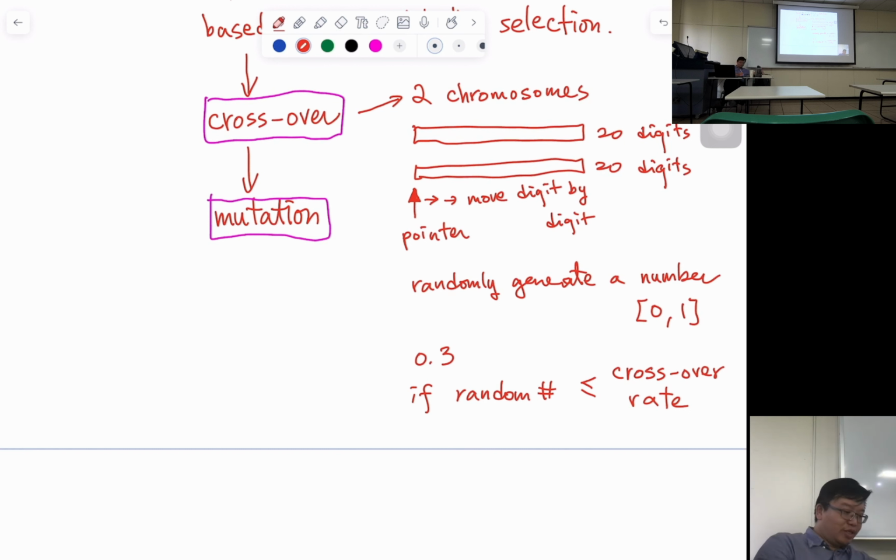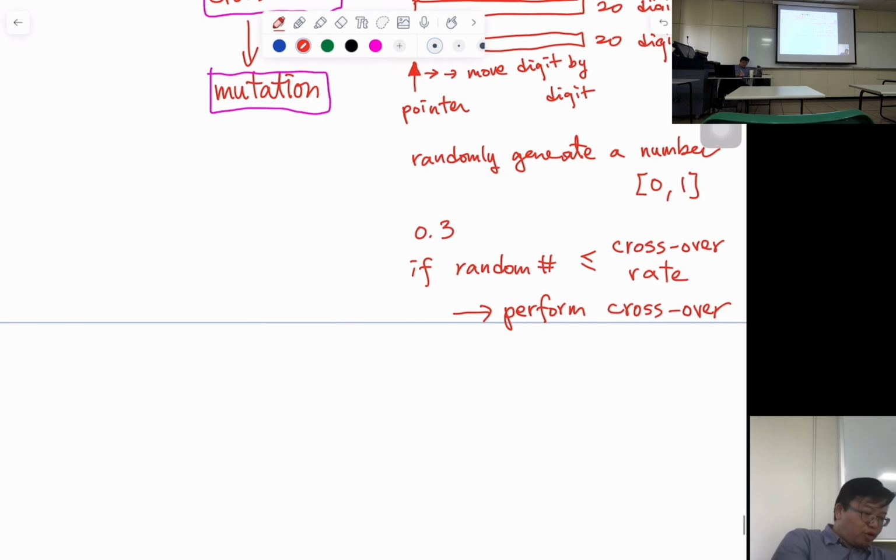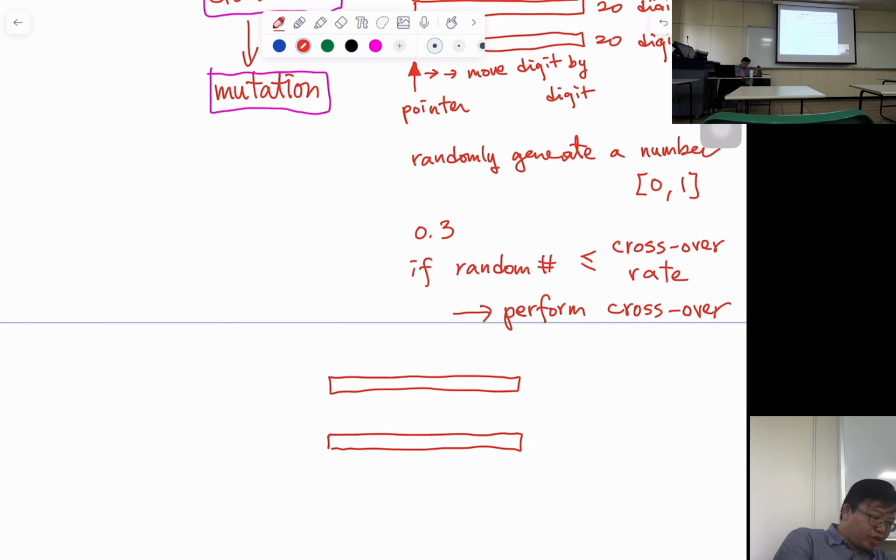Let's say when the pointer moves to somewhere here, and the random number now is 0.3, and if your crossover rate is 0.35, that means a 35% probability you will do crossover.